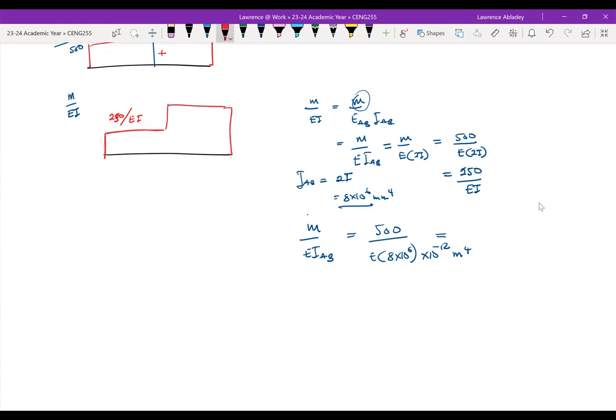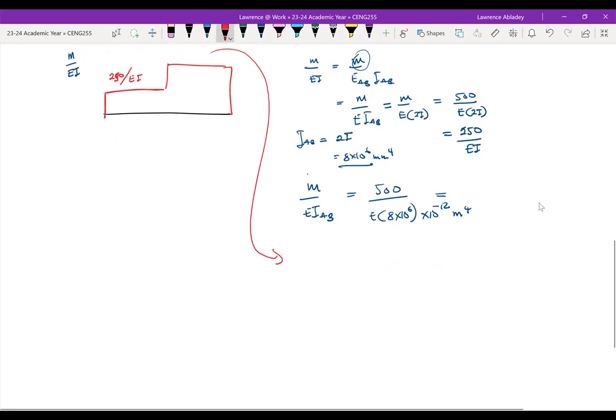And then for BC, this side becomes M. Let me just write it down here so that they follow. This one becomes M over E I_BC. Since I_BC is the same as I, this still becomes 500 over EI.